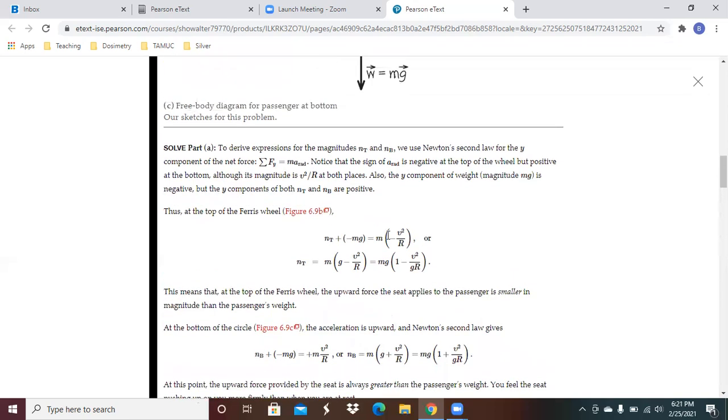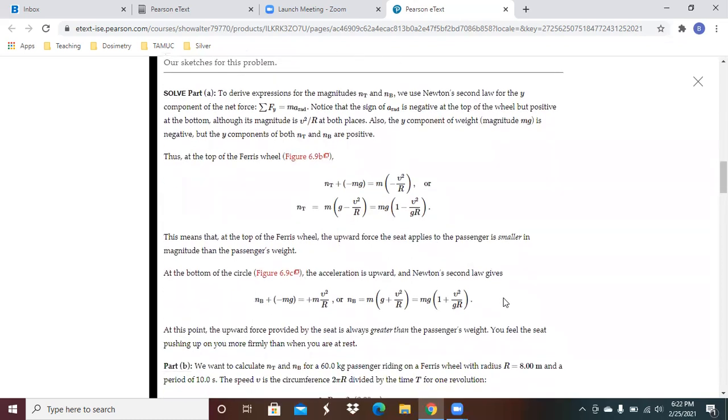So for the top of the Ferris wheel, we know that this is the acceleration. We have the normal force here, and then we subtract out gravity. Rewriting this, this is what we come up with. So at the top of the Ferris wheel, the upward force the seat applies to the passenger is going to be smaller in magnitude than the passenger's weight.